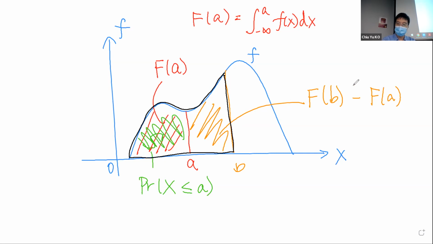And minus F(A), which is the, I don't know, red or green, I'll use the red one. The black minus the red is the orange one. So that is the main thing you need to remember. We'll be using it for our class.